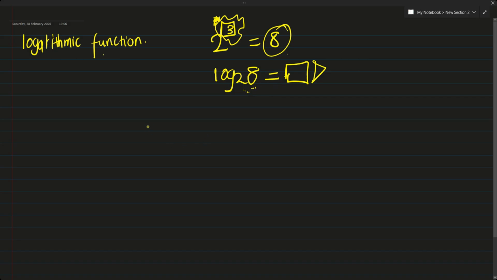So in an exponential function, we put a number and it grows, right?